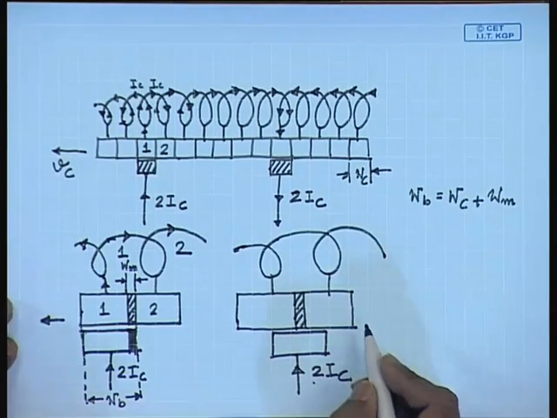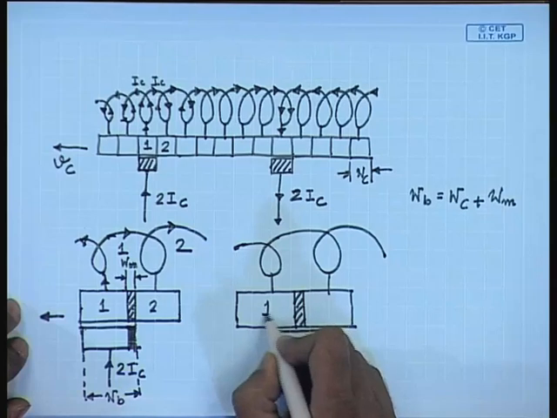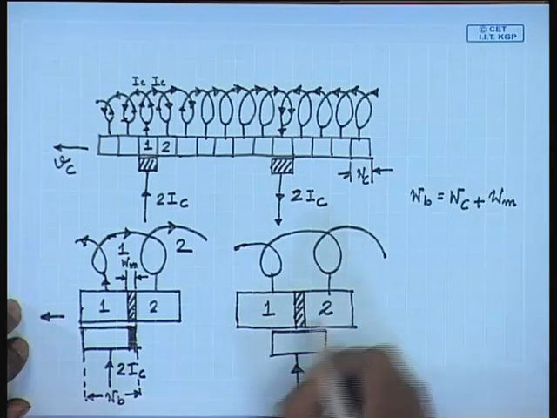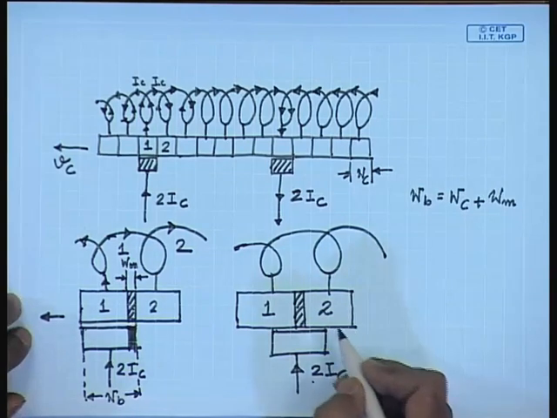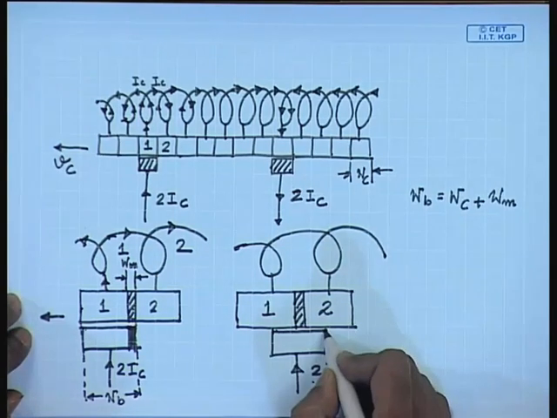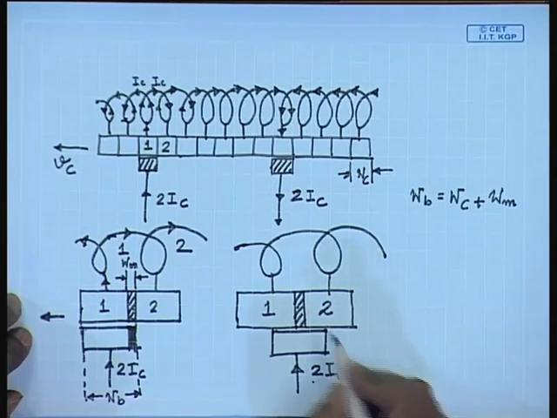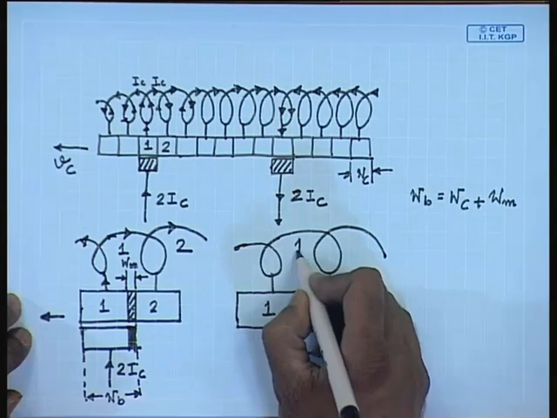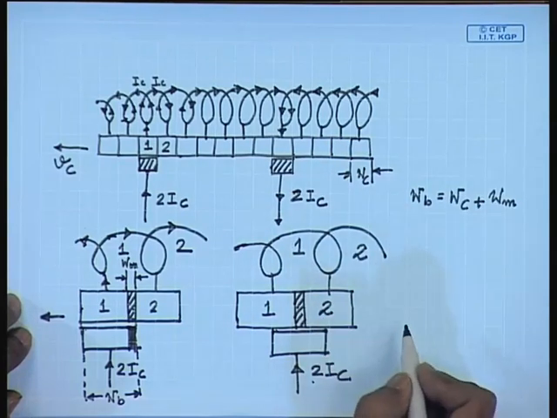We see that during this position, these two commutator segments are shorted by the brush. This coil 1 is now shorted by the brush.